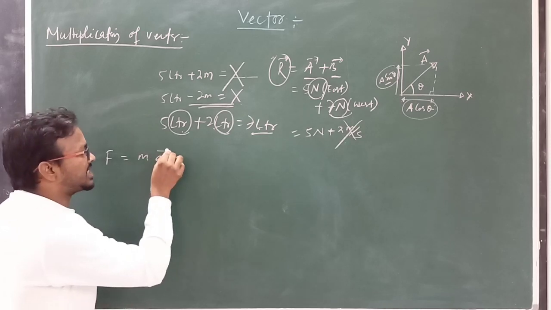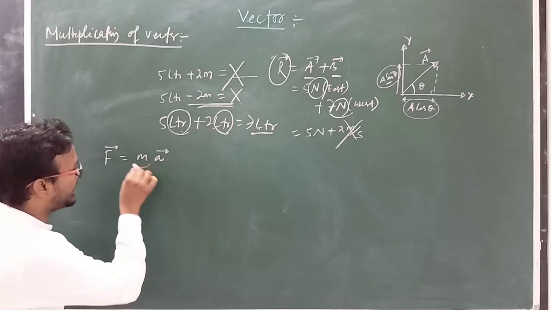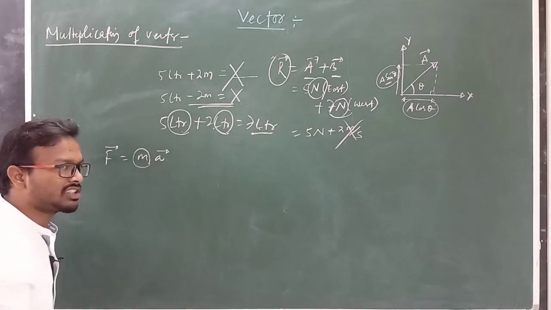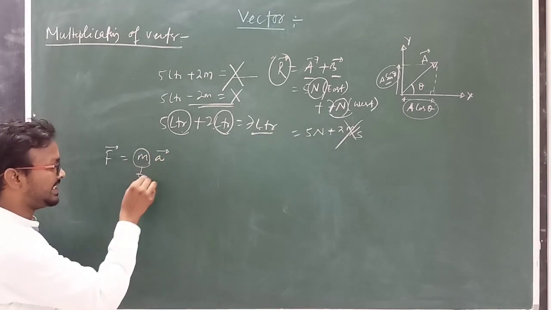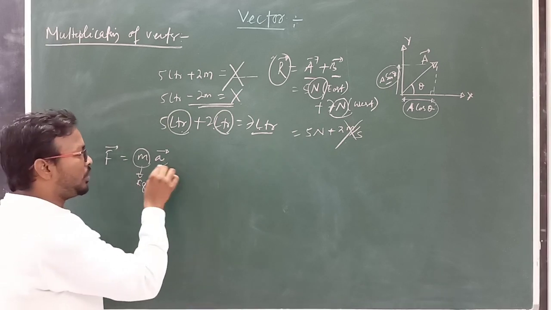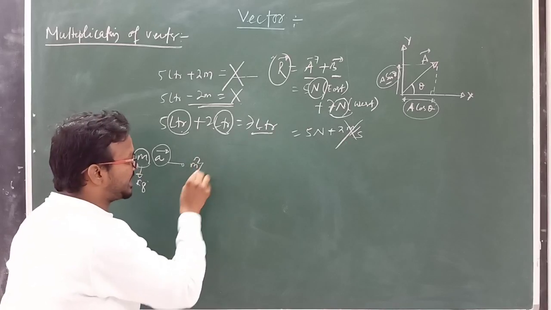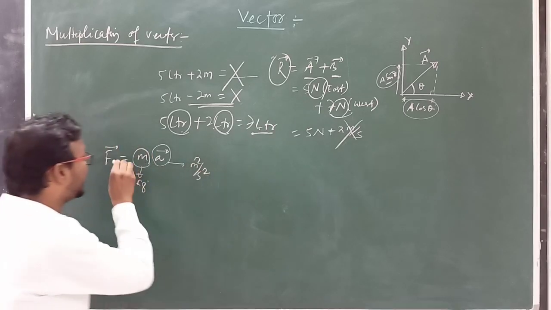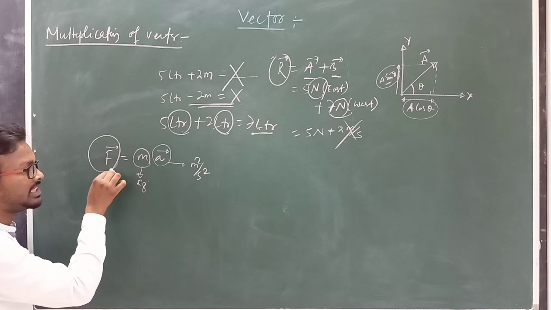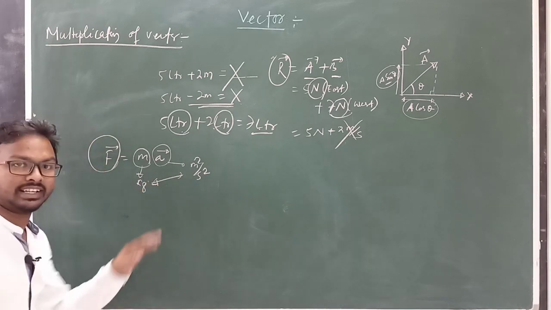It is always the direction of acceleration, this direction, clear. Here mass is a scalar quantity and its unit is kg. A is acceleration and its unit is meter per second square. We get a new physical quantity, but these are two different physical quantities with different natures.